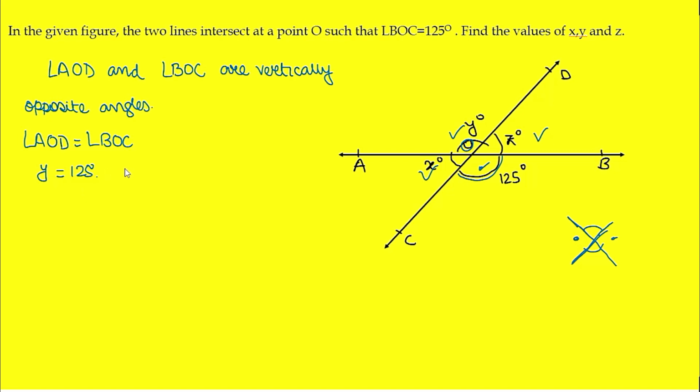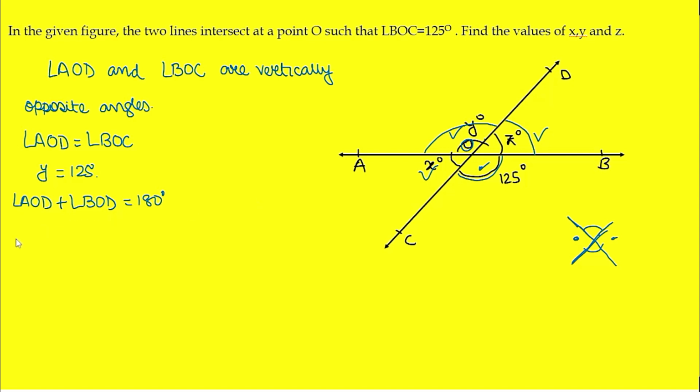Now as you can see, angle AOD and angle BOD make a straight angle. So we can write that angle AOD plus angle BOD gives us 180 degrees.